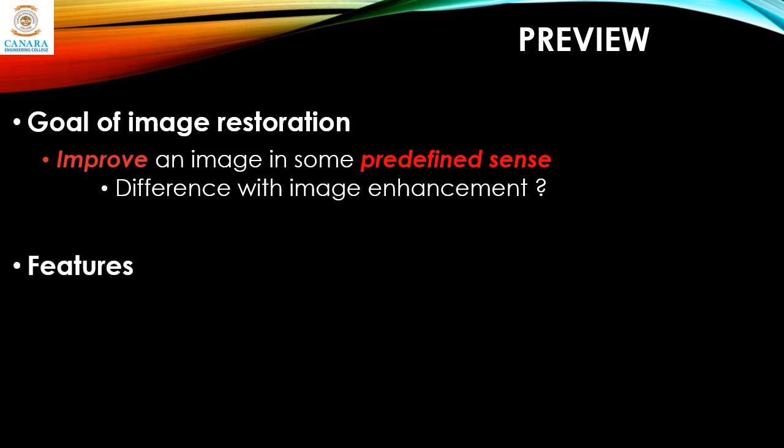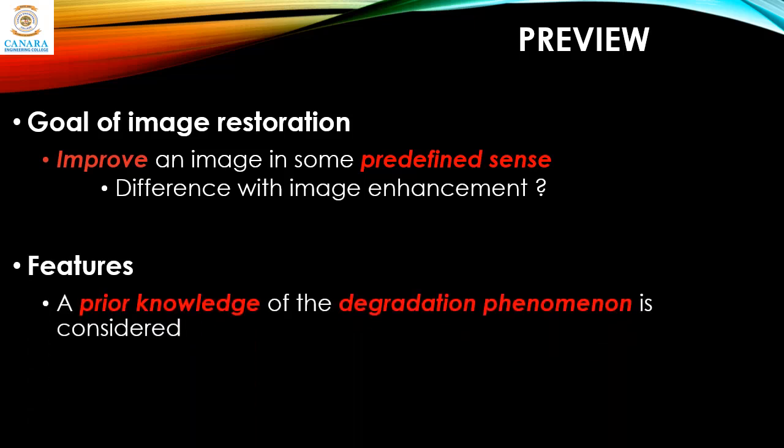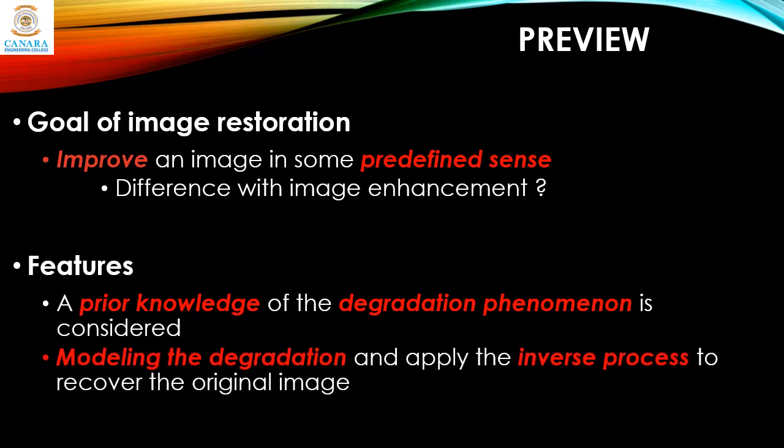In order to perform image restoration, we consider a prior knowledge of the degradation phenomena, and then we basically model the degradation and apply the inverse process to recover the original image. So this is the approach we take to restore the image. For this, the target is basically a degraded digital image.